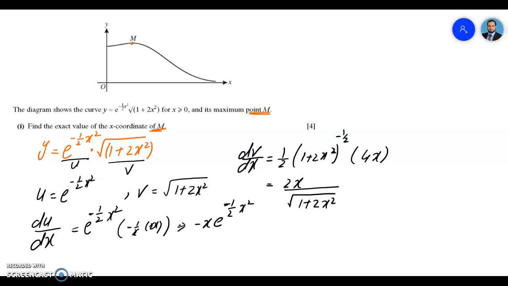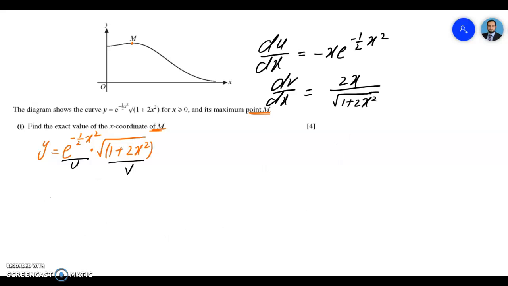So now we know the derivatives, we can apply the product rule here. Once we apply the product rule, dy by dx is equal to u dv by dx plus v du by dx.